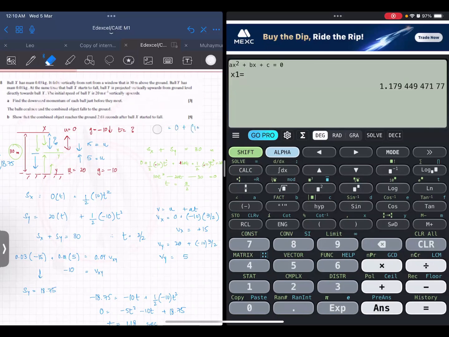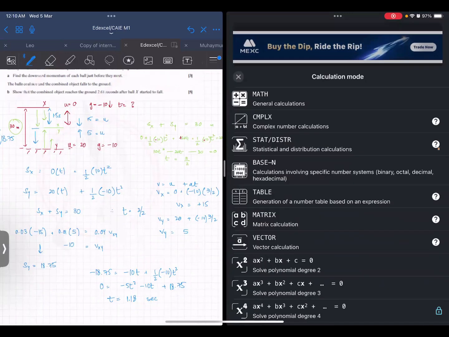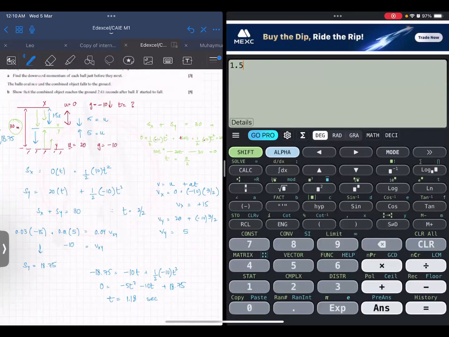Oh, we already have this time. 1.5, sorry. Before they collide, this is 1.5 seconds. So the total time they took was 1.5 seconds plus this 1.18, which is 2.68.